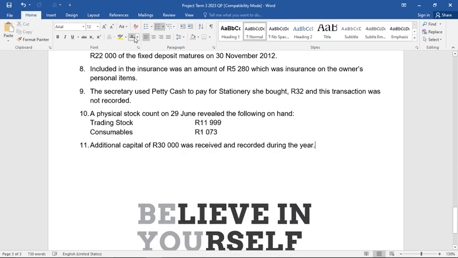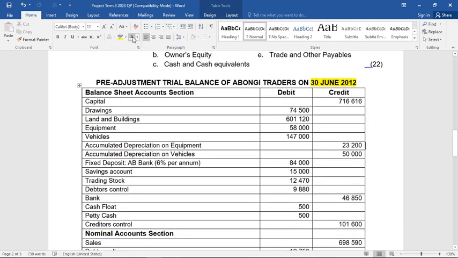The last adjustment says that additional capital of 30,000 Rand was received and it was recorded during the year. So let's be very careful here. If we've received capital of 30,000 Rand and it was recorded, it means that this capital figure that we were given has already increased during the year by 30,000.